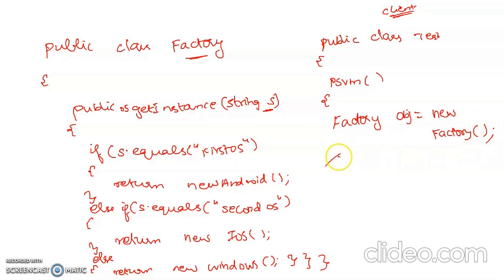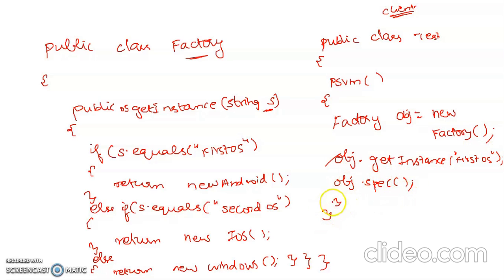I have created an object for the Factory class, and I am using this object to call the method getInstance inside the Factory class. If I pass first OS, that's it.